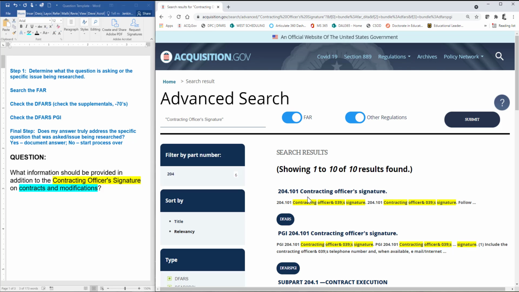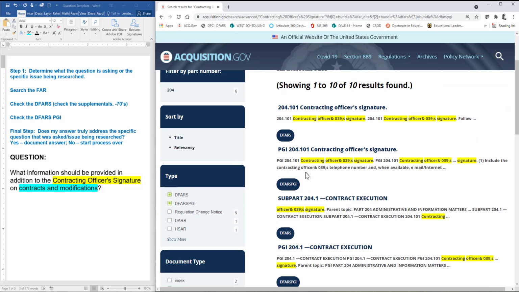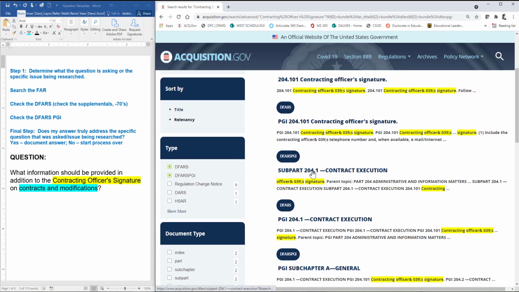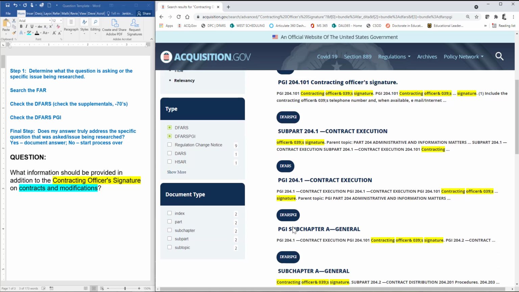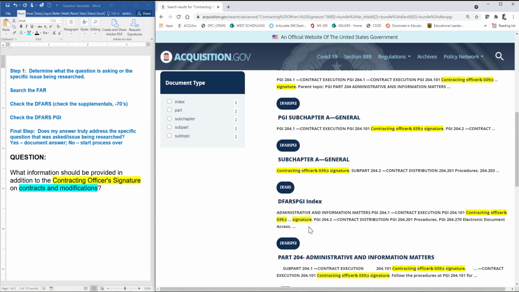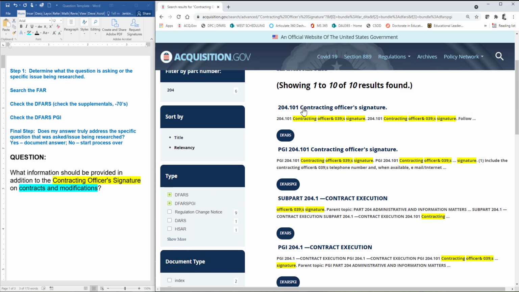Unless I can't find my answer in the DFARS and maybe I need to restart my search, right now I feel safe to assume that the FAR is not involved in this question, but we'll see. It looks like the majority of things are talking about the PGI. A lot of reference to this PGI, but it is referencing the DFARS itself, so maybe we start there.